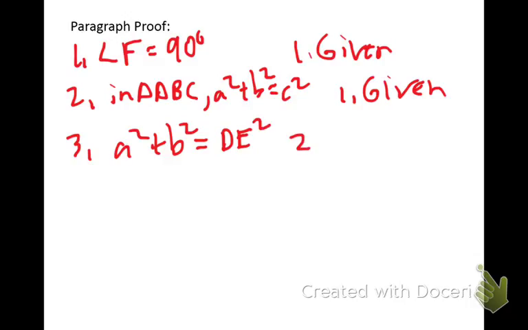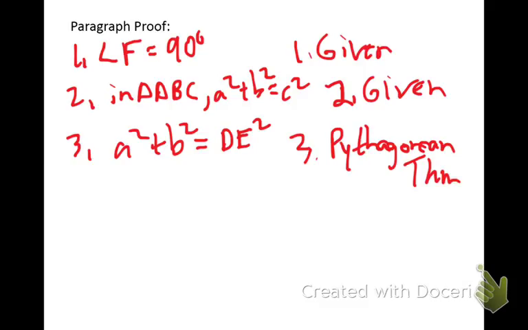I've got my numbers out of order. This is step 3. That's by Pythagorean theorem. So we had one triangle we knew was right, DEF. We're trying to show ABC is a right triangle.